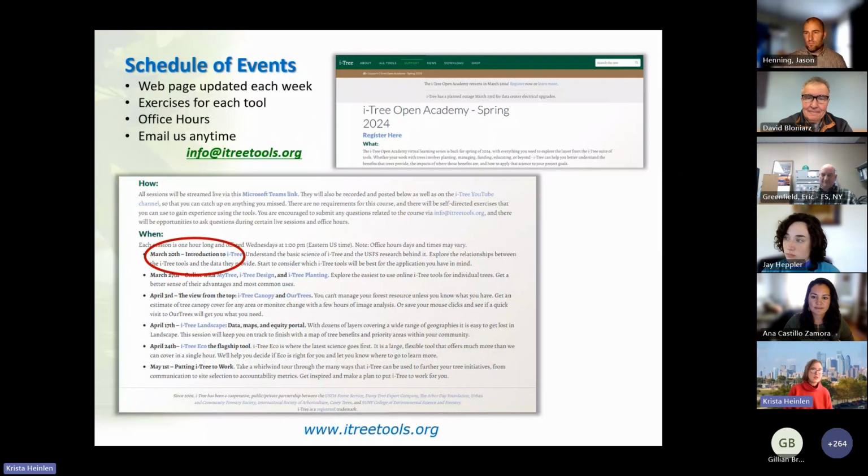He's a research scientist with the Northern Research Station of the Forest Service. We're also joined by Eric Greenfield, a forester also with the Northern Research Station, but he works closely with the Forest Inventory Analysis Program, which is one of our main research arms within the Forest Service, where we work with them to put this data together.